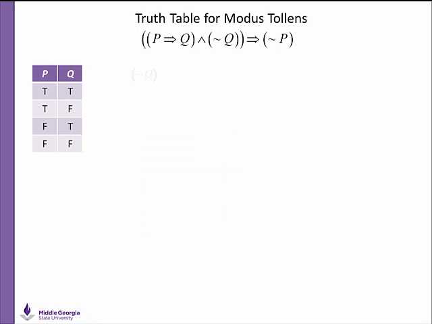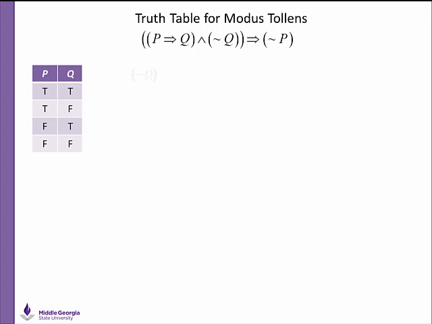Truth table for modus tollens. Modus tollens says if we know P implies Q is true and we know not Q is true, then that implies not P is true. We can see this in a truth table.